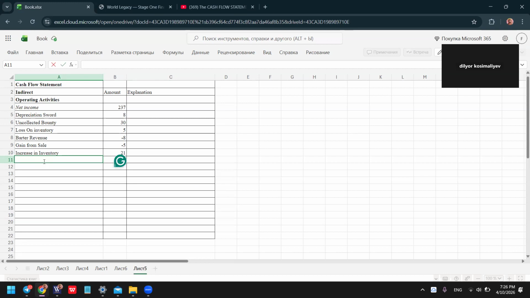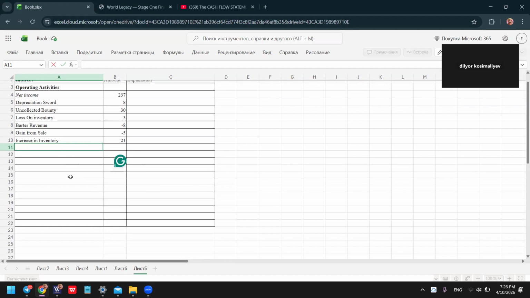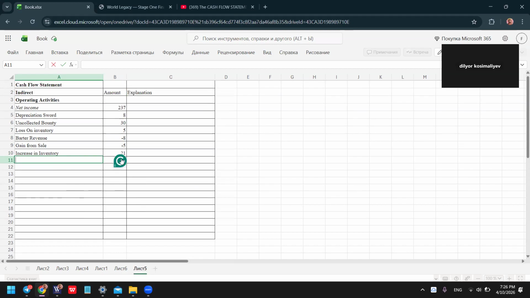Here we have increase in inventory. So what we do with inventory is we deducted the total inventory because in income statement it was added as earned increase in inventory.